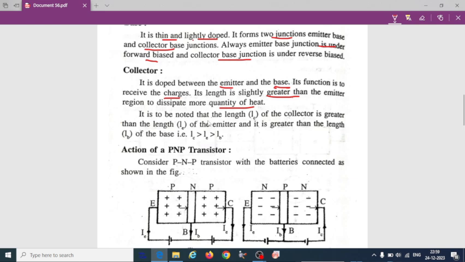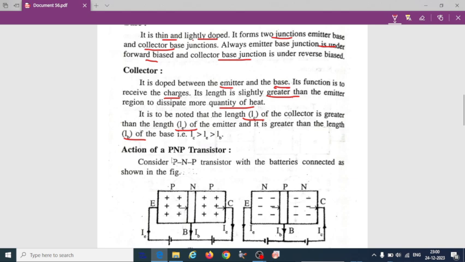So it is to be noted that the length of the collector is greater than the length of the emitter. It is greater than the length of the base also. So we can write that the length of the collector is greater than emitter and base.